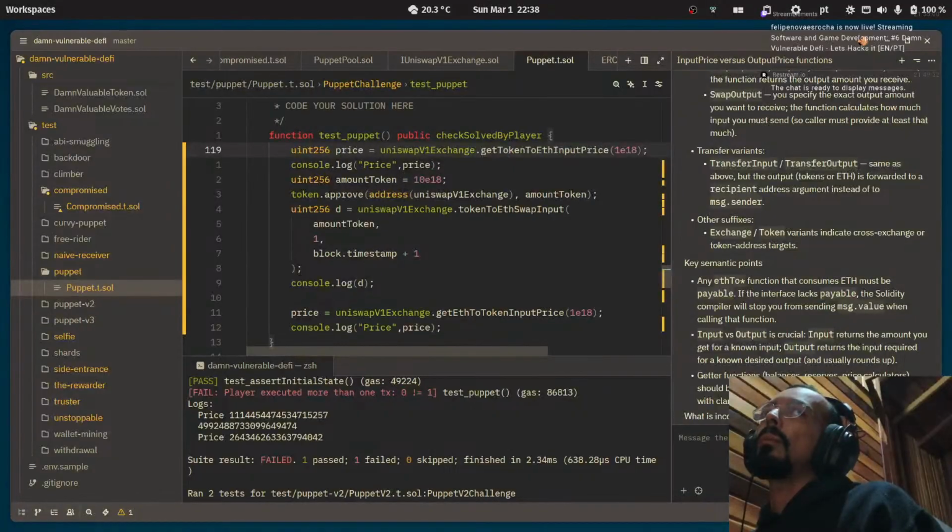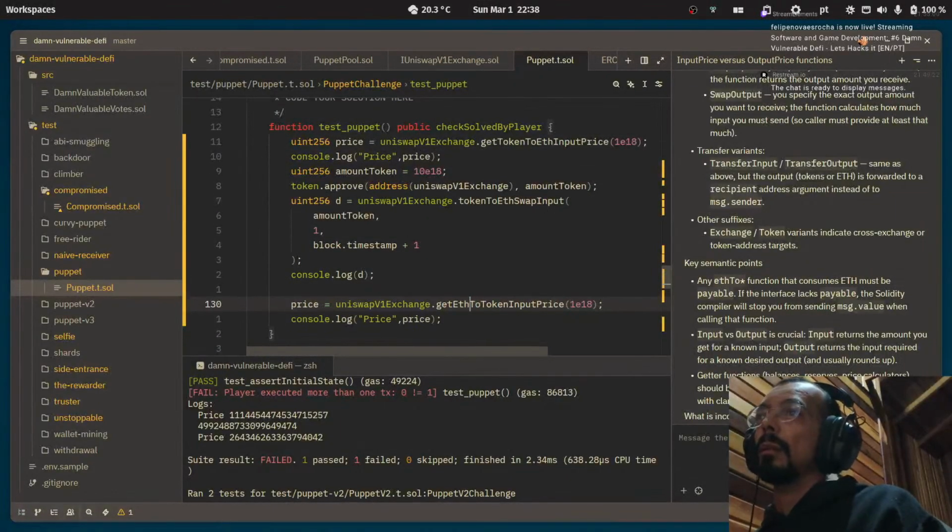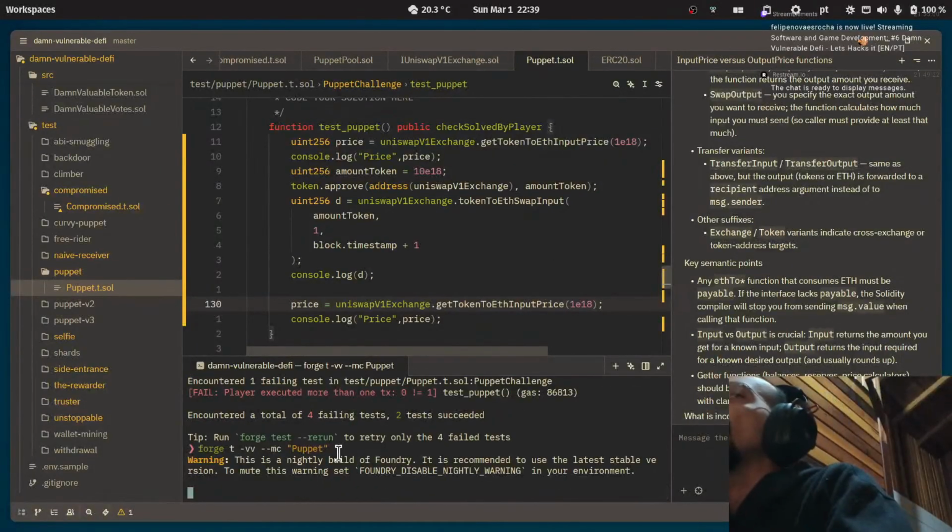So I'm inputting always tokens to know the price in Ethereum.